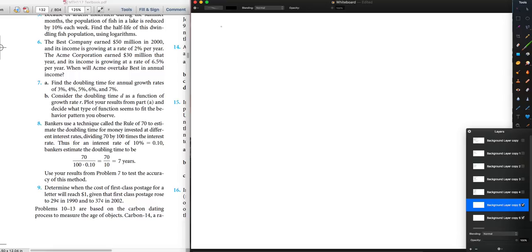So again, we're starting off with a growth rate of 3%. So that's 0.03, which means my C is going to be 1 plus 0.03, or 1.03. So my original function is now P of t equals P0 times 1.03 to the t.